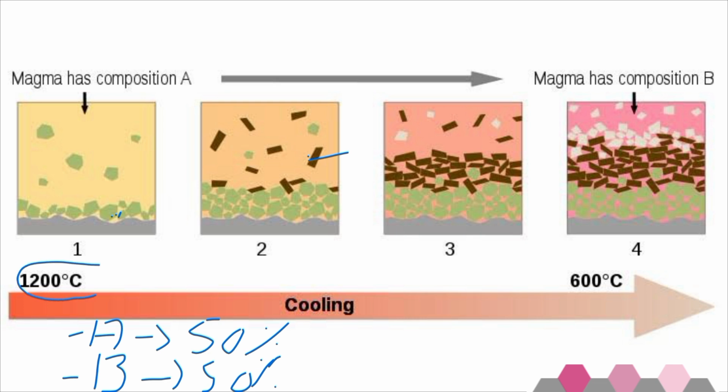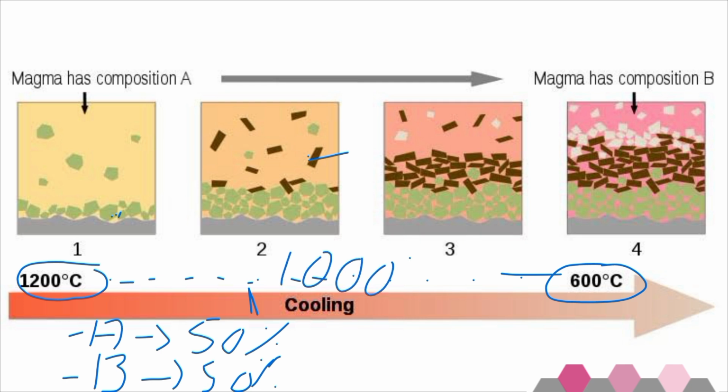That is the highest temperature at which A, the green crystal, starts crystallizing, and the brown one is B. A will start crystallizing at 1200 degrees Celsius and will completely crystallize at around 1000, and B will start crystallizing at 1000 degrees Celsius and go on until 600 degrees Celsius. So this is what happens.